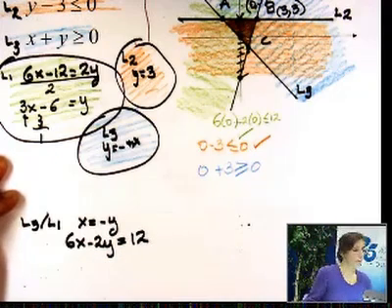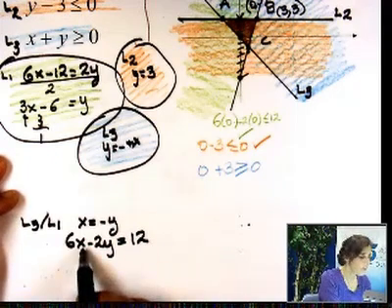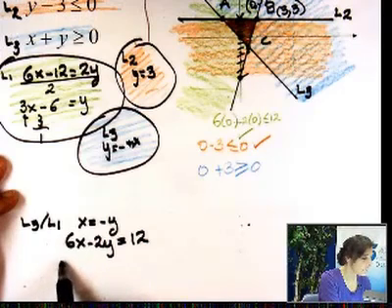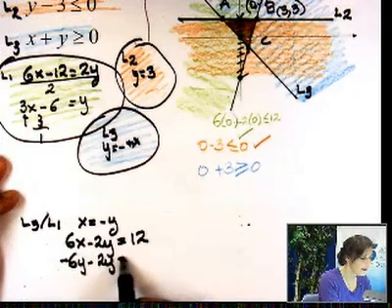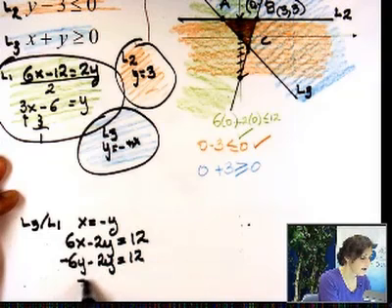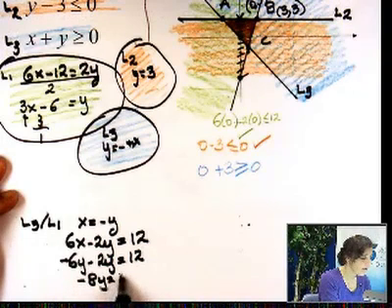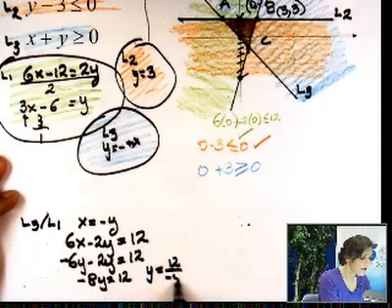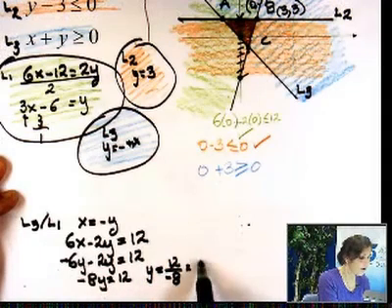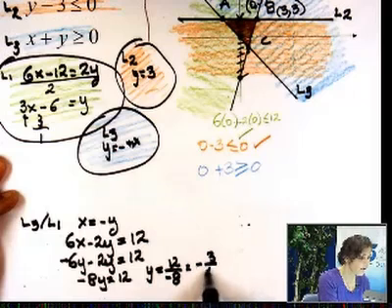Let's solve for y first. Instead of x, I'll put negative y. So that's going to be negative 6y minus 2y equals 12. Negative 8y equals 12. Y equals 12 over negative 8. Divide both sides by 4. Negative 3/4.